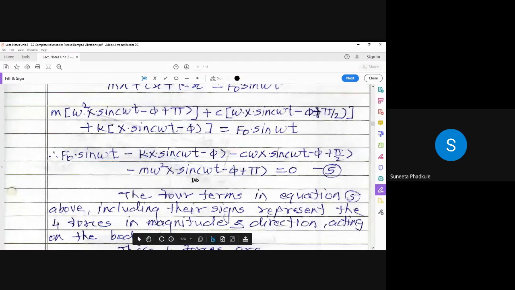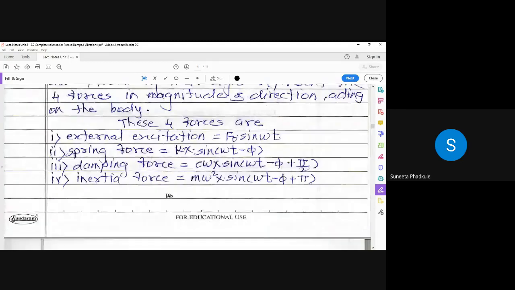Now the fourth force, representing inertia force. What is the magnitude of inertia force? M omega square x. And what is the angle made by inertia force? Minus omega t minus phi plus pi. Whatever the negative sign is there, you have to add plus pi angle. So let us go to the vector diagram.